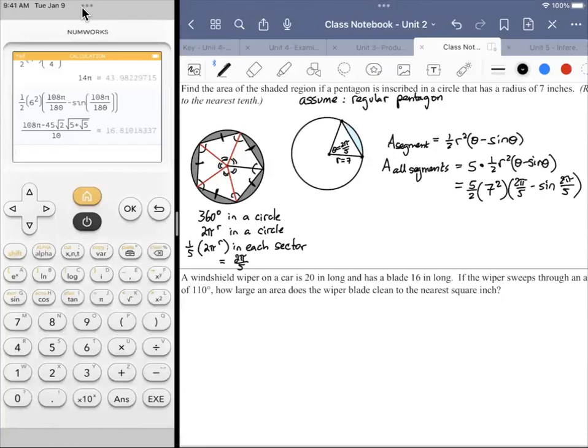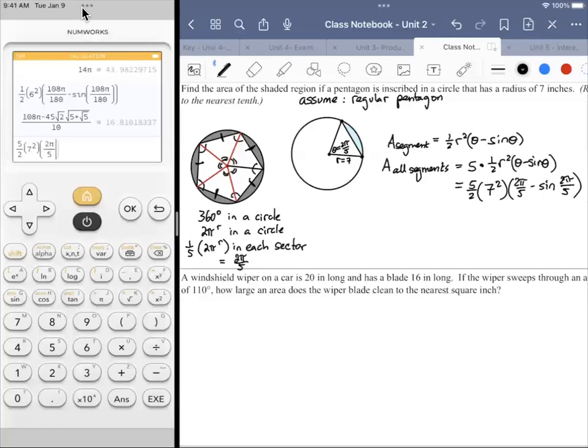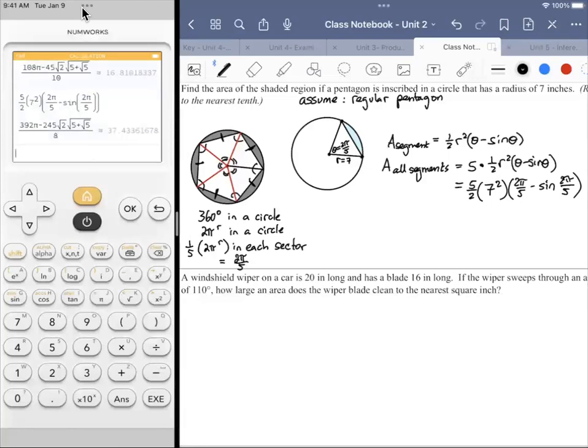So all that goes into the calculator. It's 2 pi over 5 minus the sine of 2 pi over 5. And that would give us the area of all of those segments in one shot.